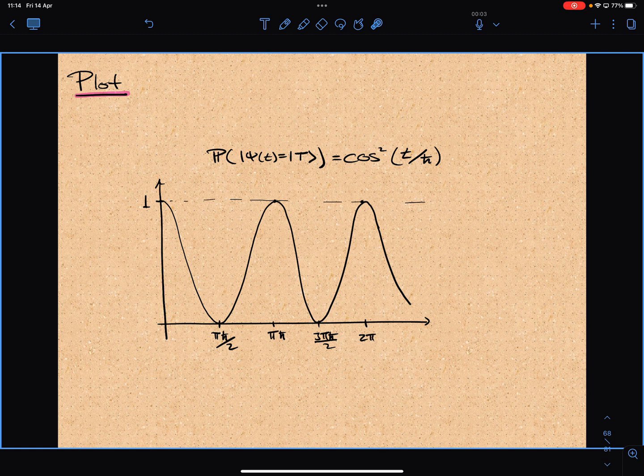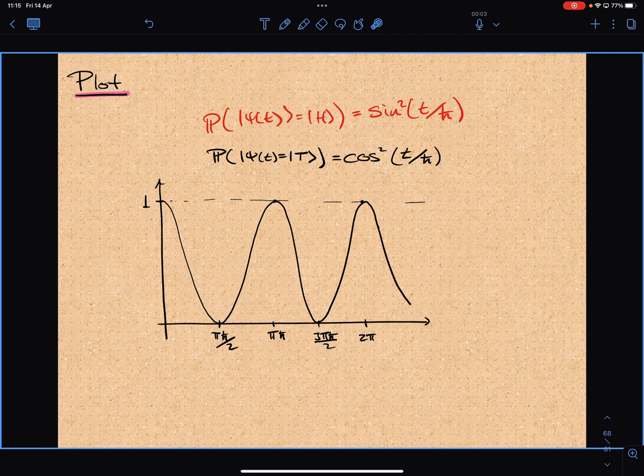And the probability for heads, since there's only 2 states, is equal to what? Sine squared t over h bar. So the probability of heads is also going to oscillate. This quantum coin is going to be oscillating between heads and tails. And the period is going to depend on h bar. So you can see here that the width of the periods is going to be set by h bar.